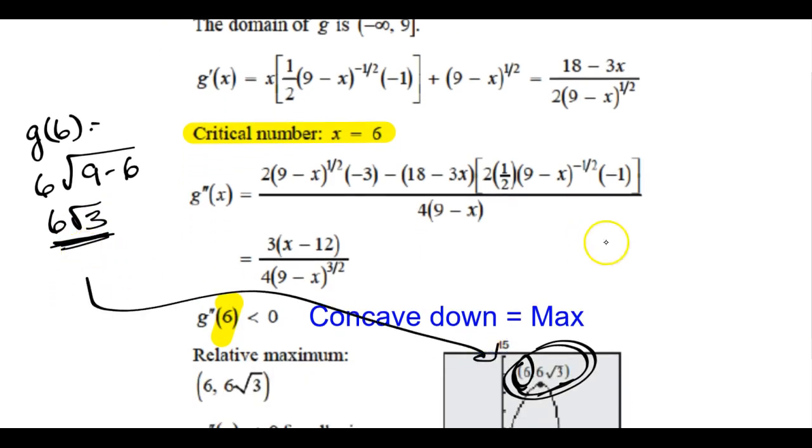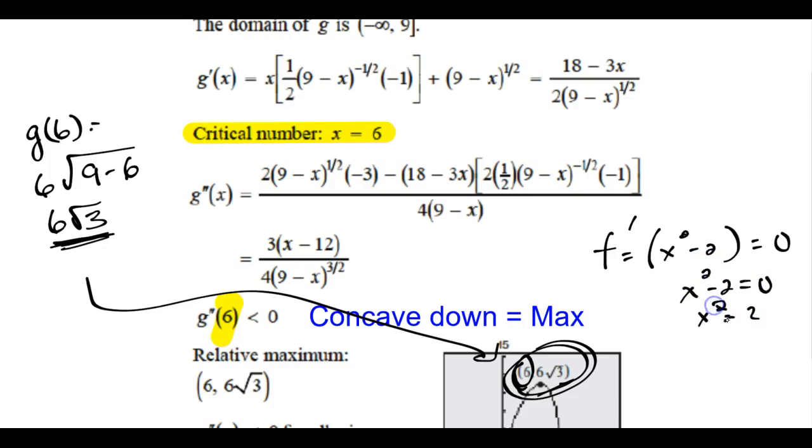Sometimes they're finding the roots, like if the first derivative turns out to be, I don't know, something like x squared minus 2, and you have to set that equal to 0, you'll get x squared equals 2, and that's when x is equal to plus or minus the square root of 2. Well, don't go decimal.